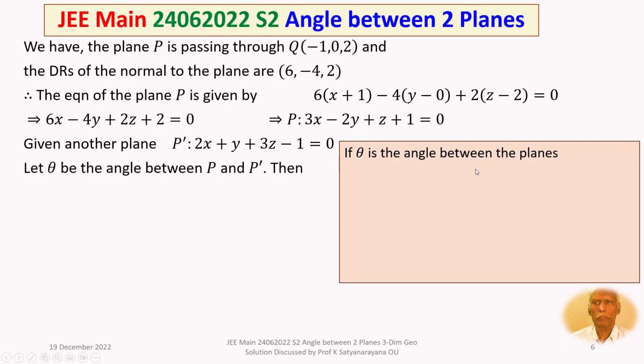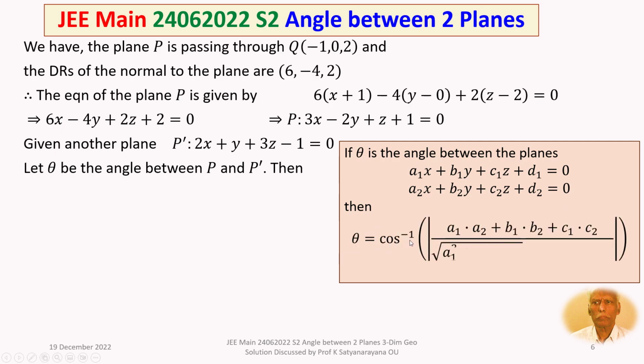If theta is the angle between the planes a1x + b1y + c1z + d1 = 0 and a2x + b2y + c2z + d2 = 0, then theta is equal to cos inverse of the modulus of a1a2 + b1b2 + c1c2, divided by the square root of a1 square + b1 square + c1 square times the square root of a2 square + b2 square + c2 square.